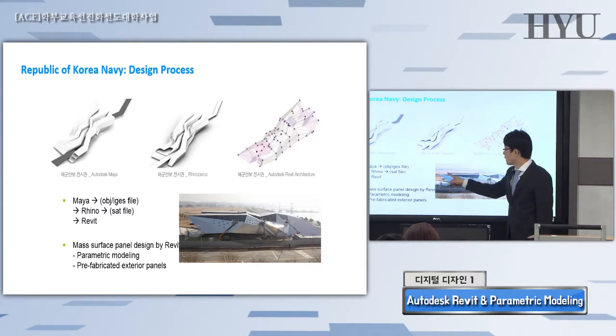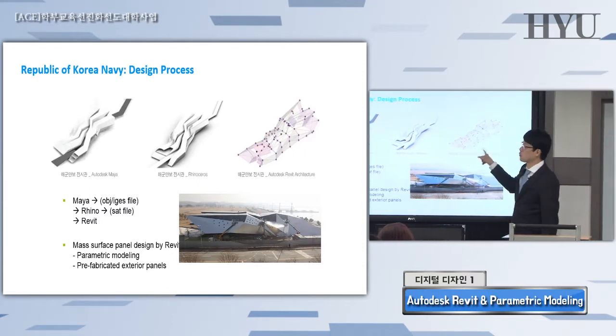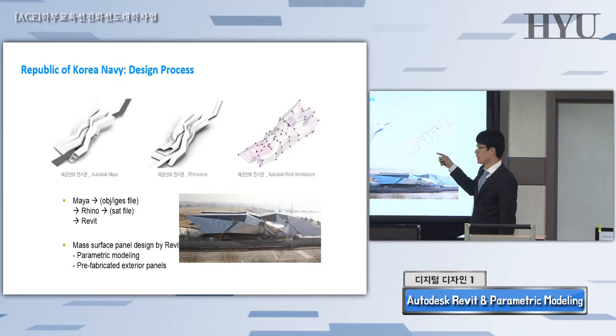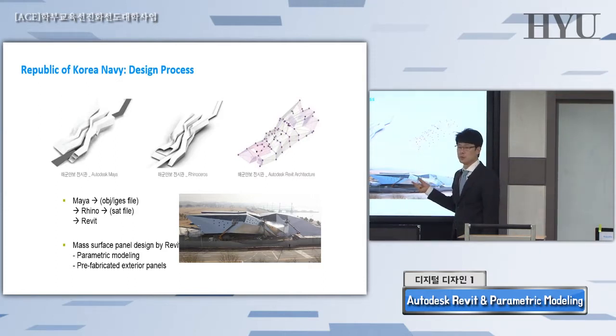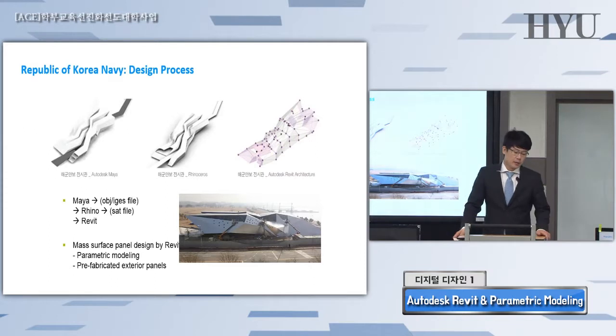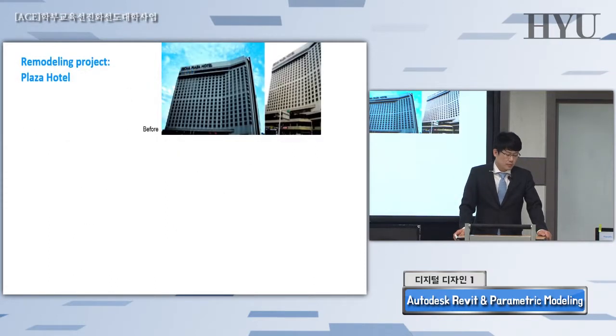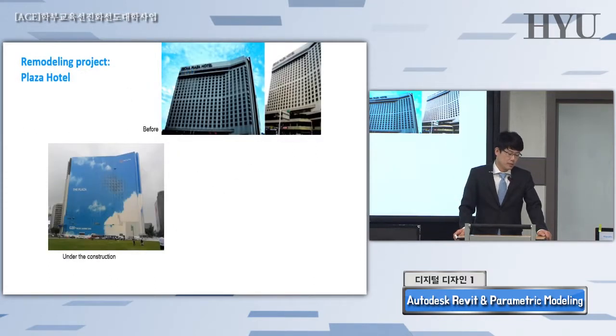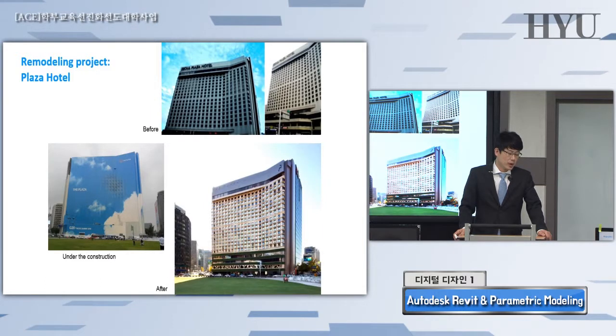And thanks to their parametrically defined geometry, they can manufacture this building surface piece by piece thanks to exactly counted, measured geometric shapes, okay? And this one is the Plaza Hotel example.